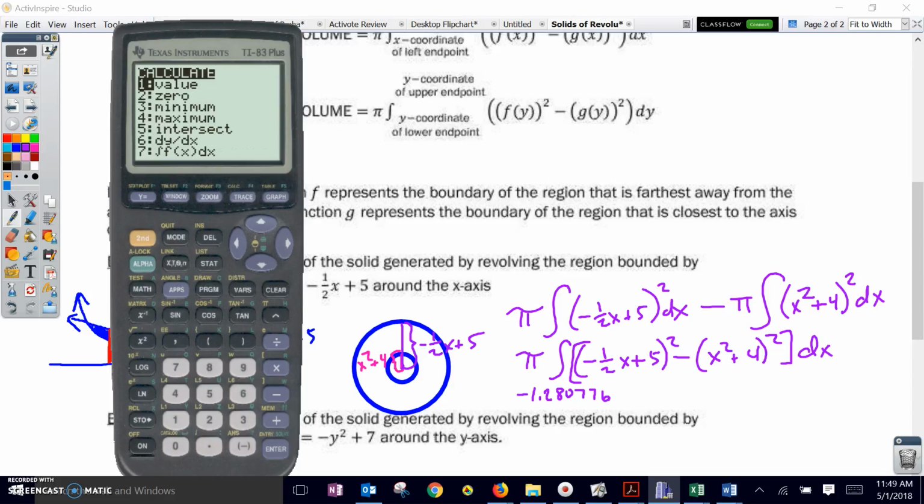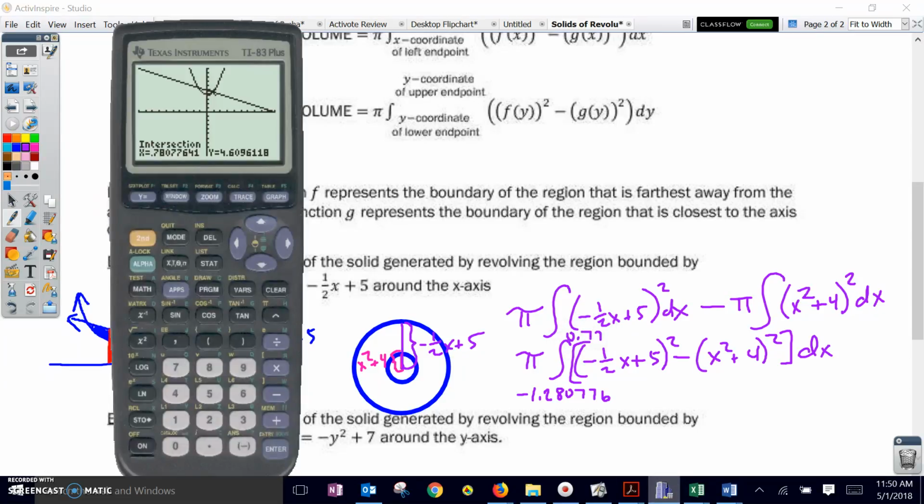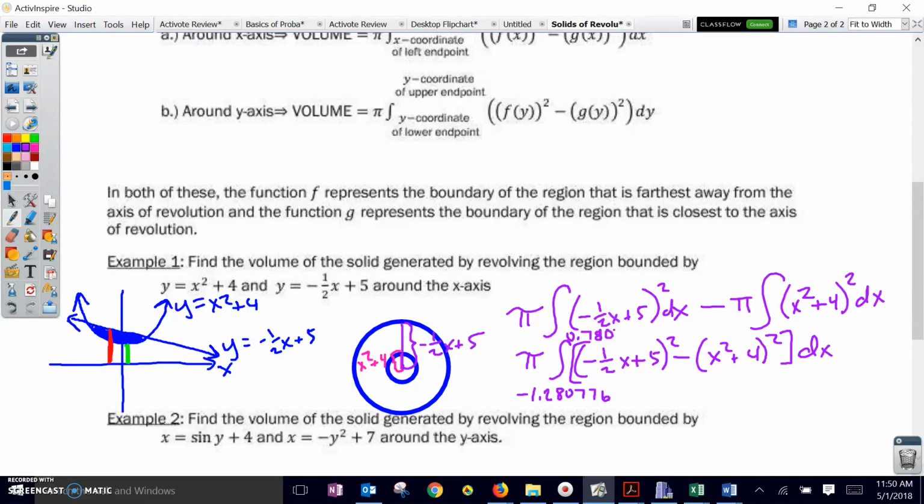So I'll run that command again and find where these two intersect. And again, when it asks me to guess, I'm going to move my cursor out past that intersection point so that it gives me that intersection point, and I get 0.7807761. And I'm going to use those limits of integration.